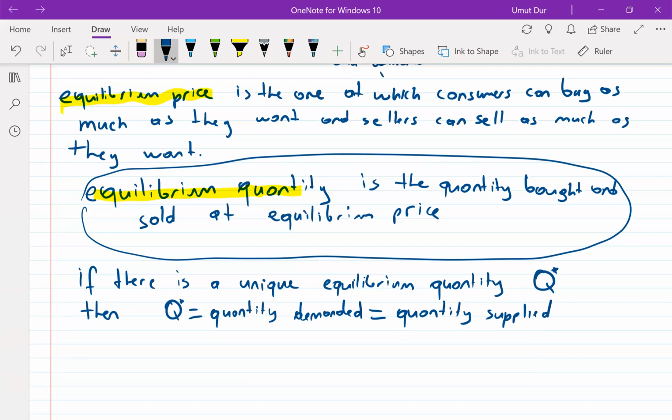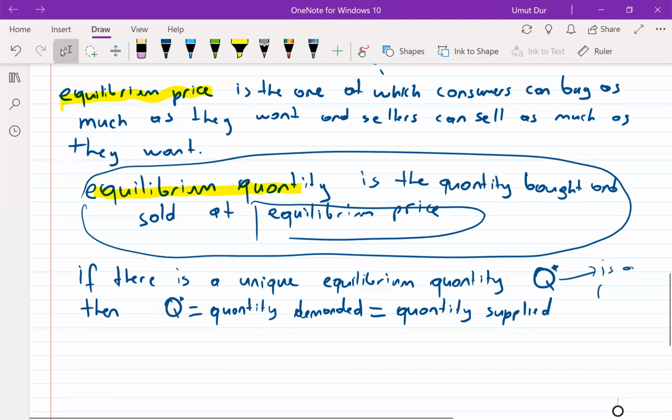And there should also be some equilibrium price level, so this Q star is based on the equilibrium price.